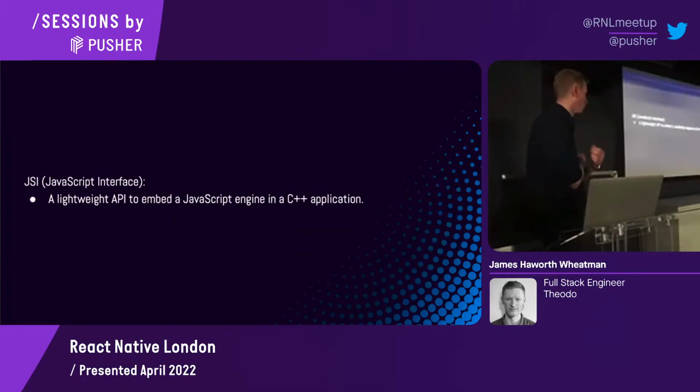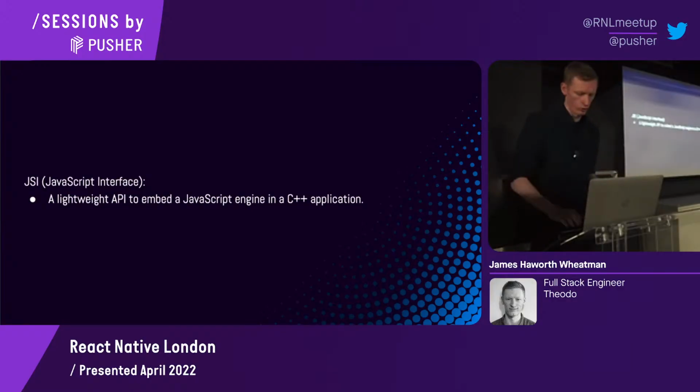But this is what React Native say about the JavaScript Interface. It's essentially a lightweight API which allows you to embed a JavaScript engine into a C++ application. Yeah, so exactly what I've just said. It allows you to interface between JavaScript and C++.